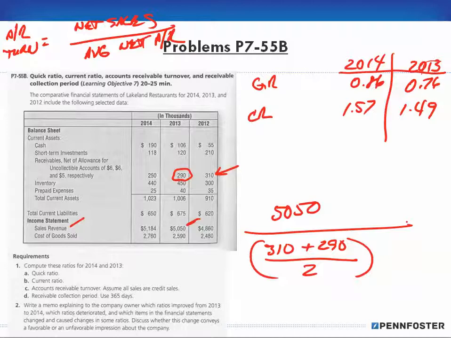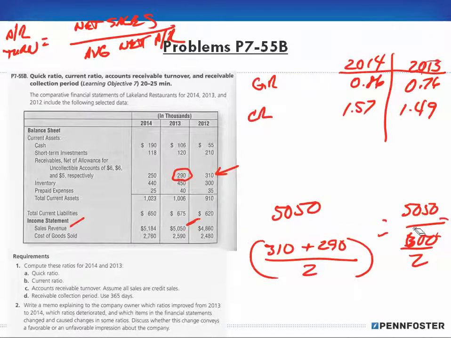And so when we're doing that math, we end up with 5,050 over 600 divided by 2, which is equal to, let me erase that line, make it a little bit easier. Right, there we go. I'm just cleaning this stuff up here. I know my handwriting gets sloppy.